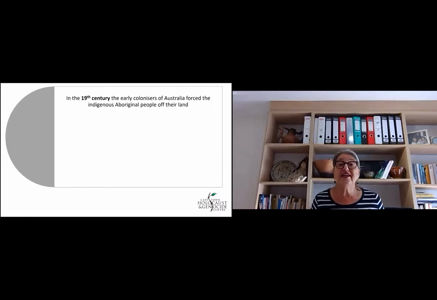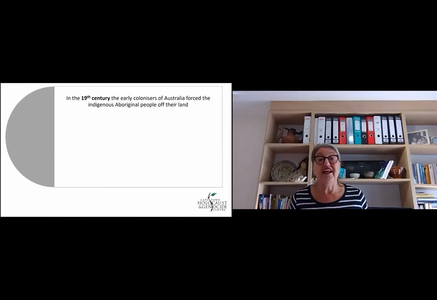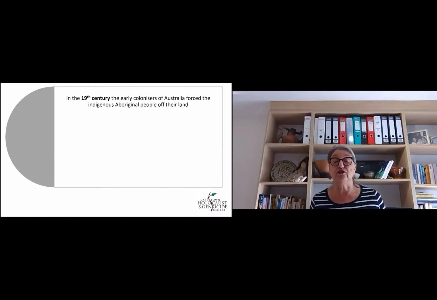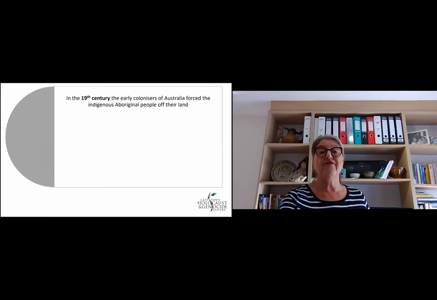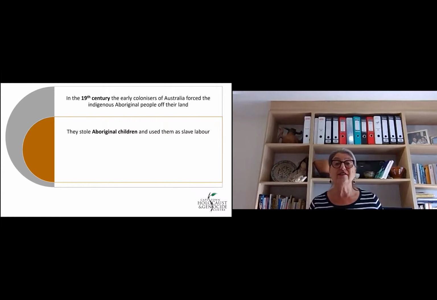So grade 11, in the 19th century, the early colonizers of Australia physically forced the indigenous Aboriginal people off their land. Indigenous, the people who were there originally. They were forced off their land, sometimes in very cruel and heartless ways.